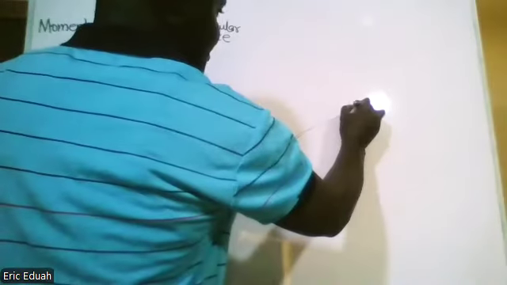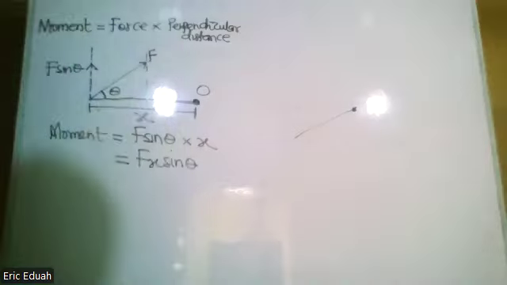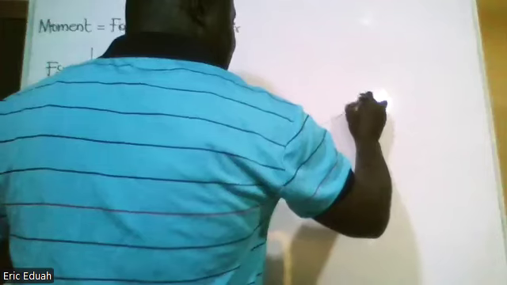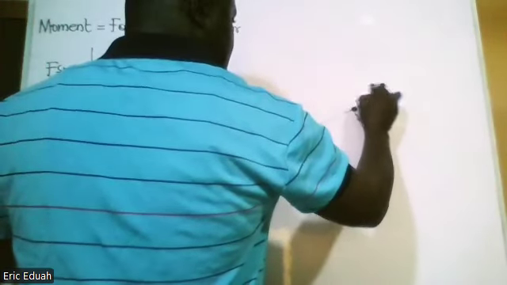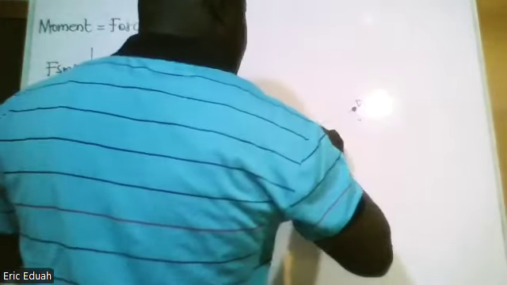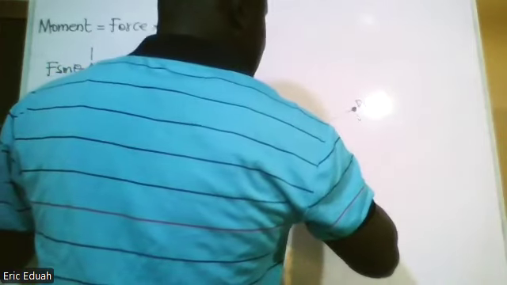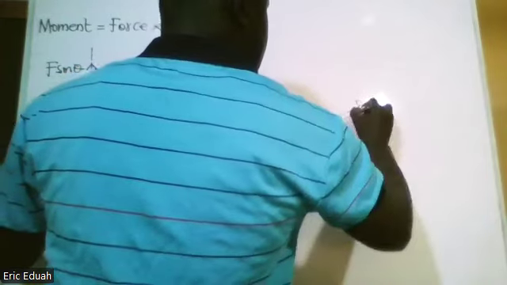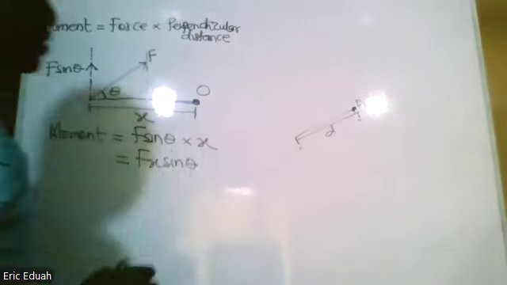Example, this is the distance d. This is the pivot or the axis of rotation. The length of this is equal to d.